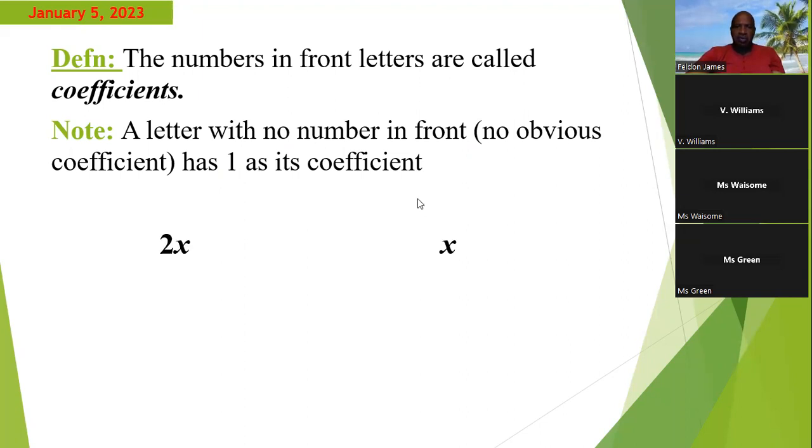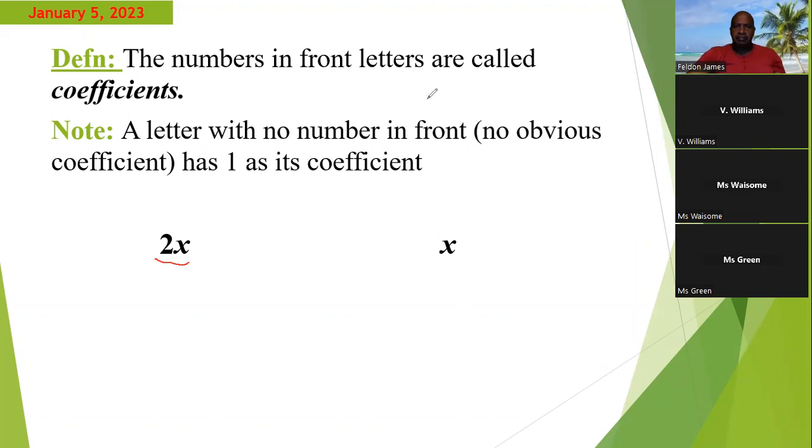Now, when you look at these two situations, this term here has a number, so what will the coefficient be? Miss Green, what's the coefficient here? Are you there, Miss Green? Yes, sir. So what's the coefficient for this term here?